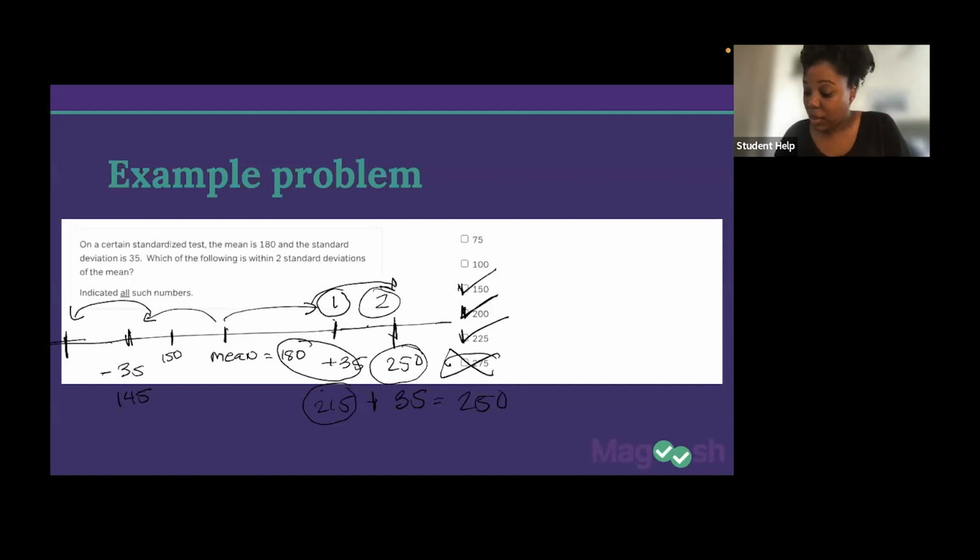I've already gone 1 standard deviation over, but I didn't go another one. So my other one is 145 minus 35, which gives me 110, right? And that's higher than 100. So I know 100 won't work. And if 100 doesn't work, 75 doesn't work either. So my answers are C, D, and E.